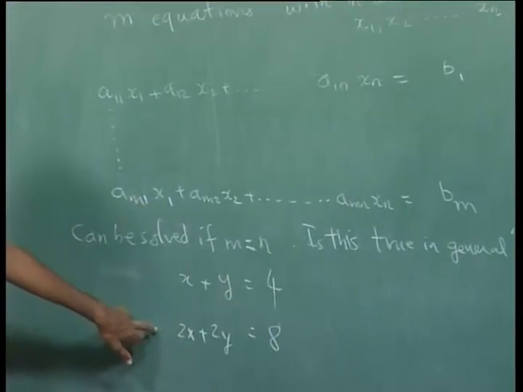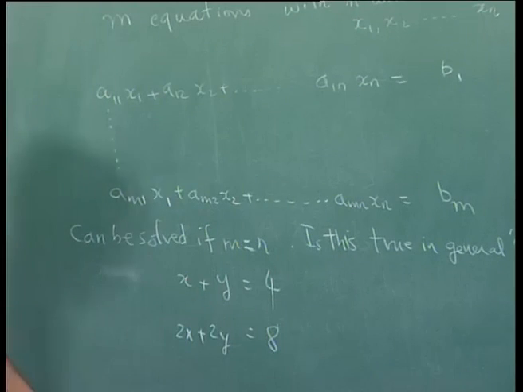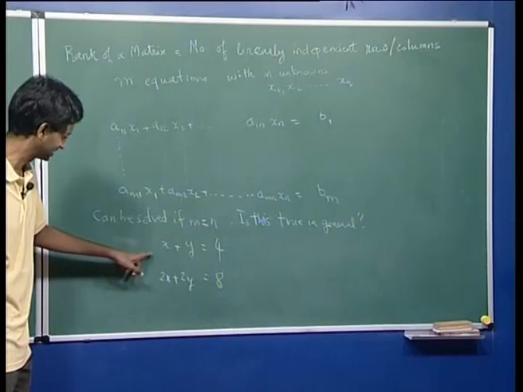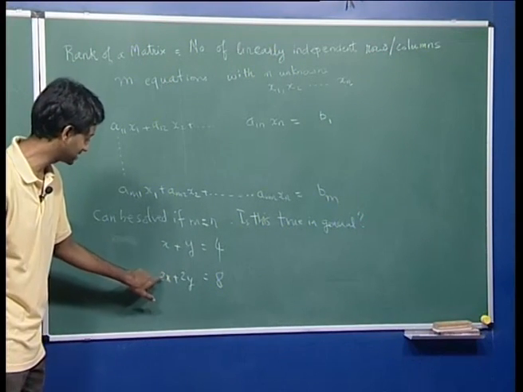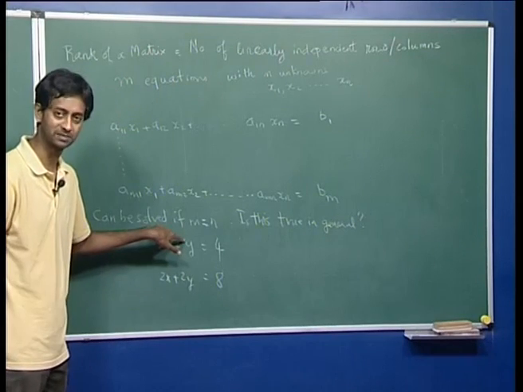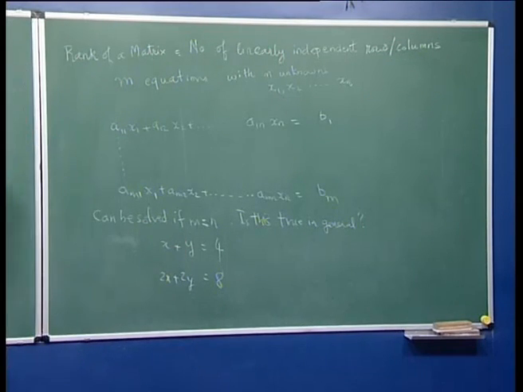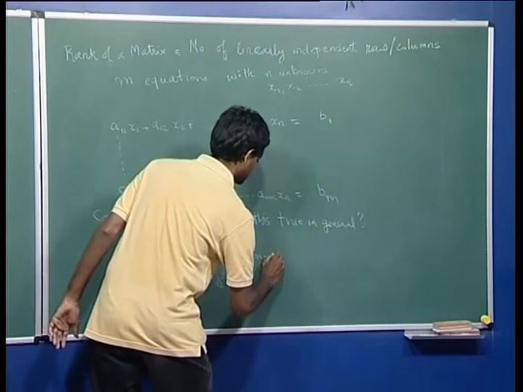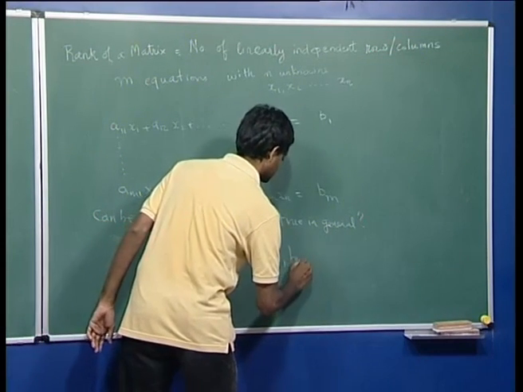So I have two equations, I have two unknowns, but if you try to solve it, you can immediately see that you cannot solve this set of equations. The reason is that if I divide by 2 here, I get back the same equation as I started with. Okay. So m is equal to n, but cannot solve.